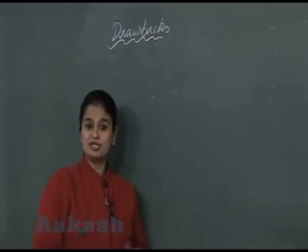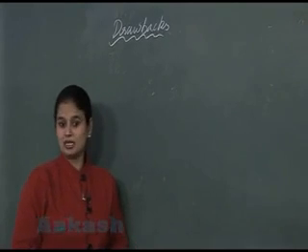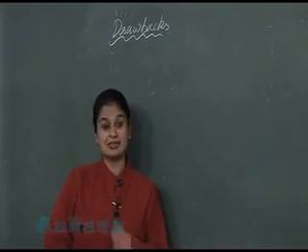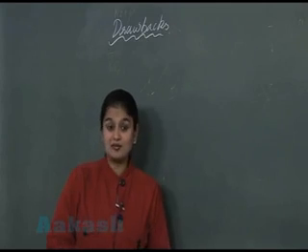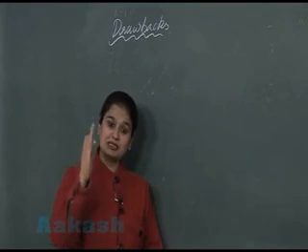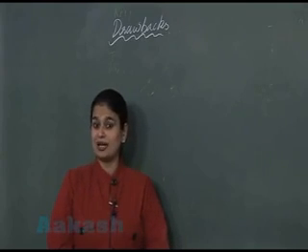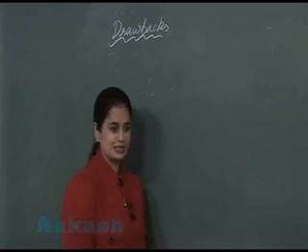In a good majority of plants, sexual reproduction is absent. The only means of reproduction which is present is asexual. If in these plants sexual reproduction is absent, it means the concept of reproductive isolation cannot be applied here. So let's write it down.